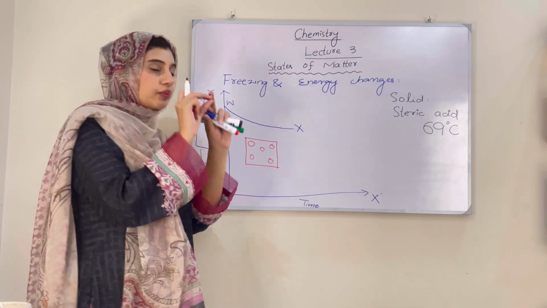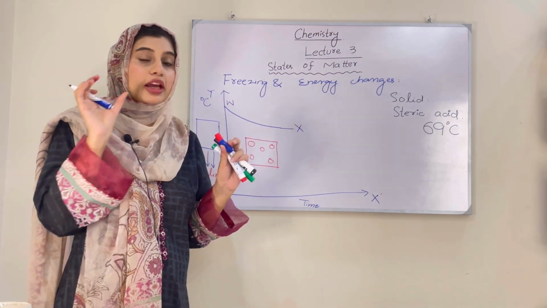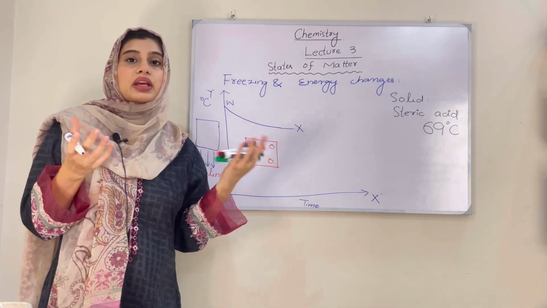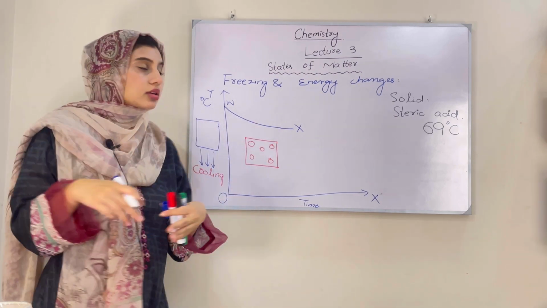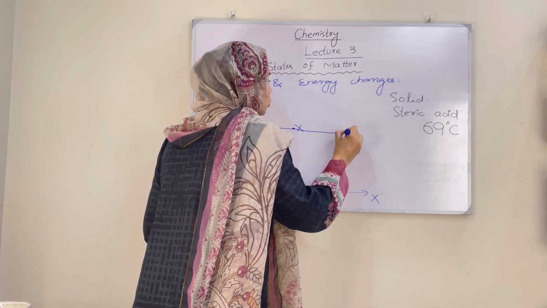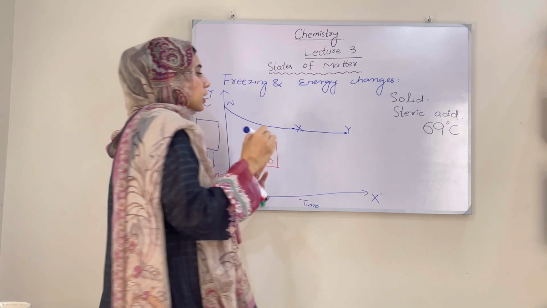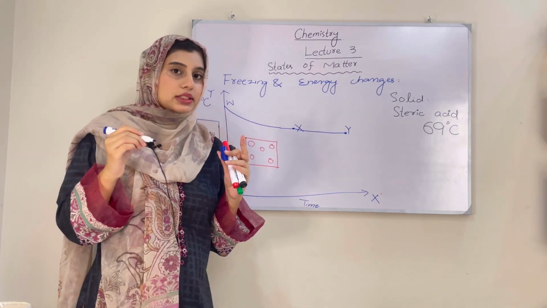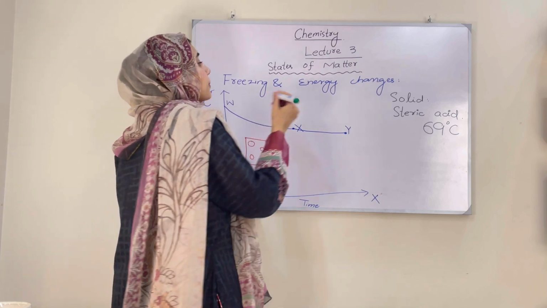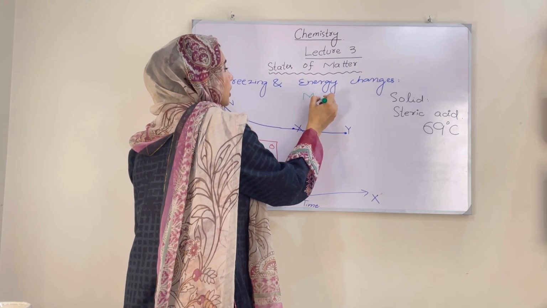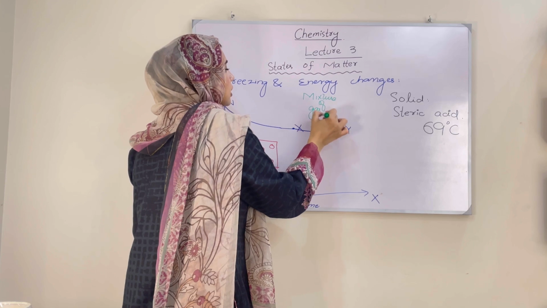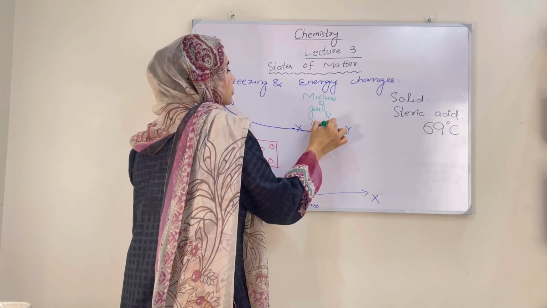So X is the point where it started converting into a liquid. Now again, there will be a constant period in which all of the gas will be converted into liquid. So from X to Y, the temperature is constant. That means at this point we have a mixture again, but now the mixture of gas and liquid.